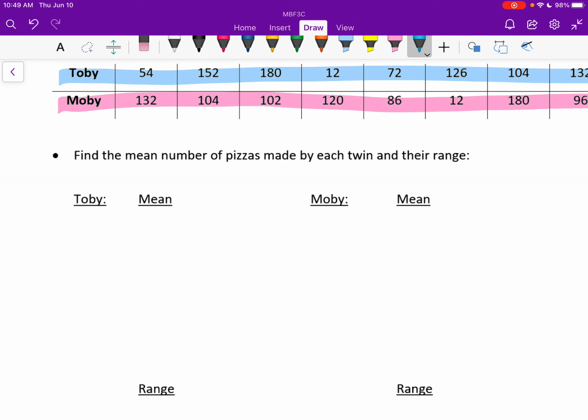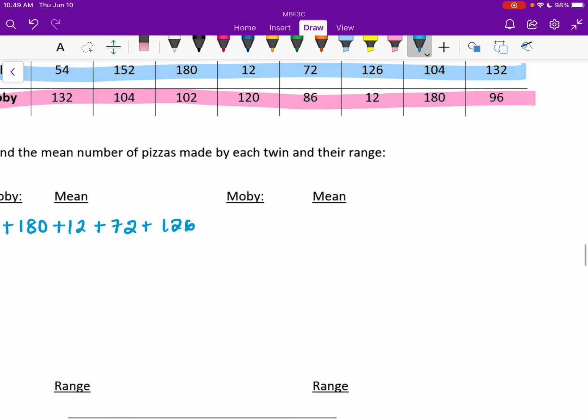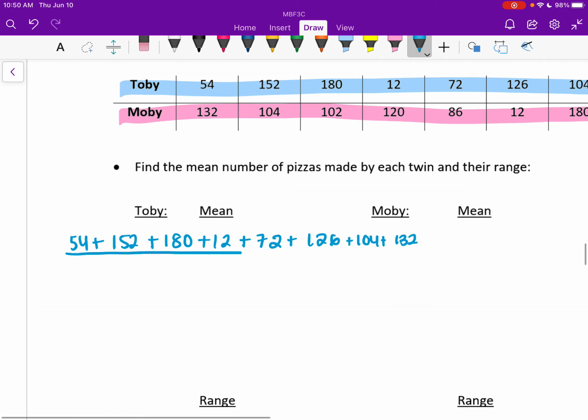So Toby, to find his mean, we're going to just do 54 plus 152 plus 180 plus 12 plus 72 plus 126, plus 104 plus 132, which is adding up all of his pizzas, right?